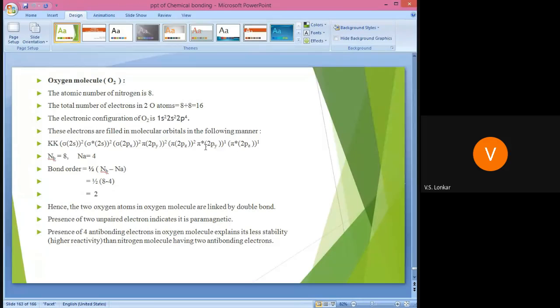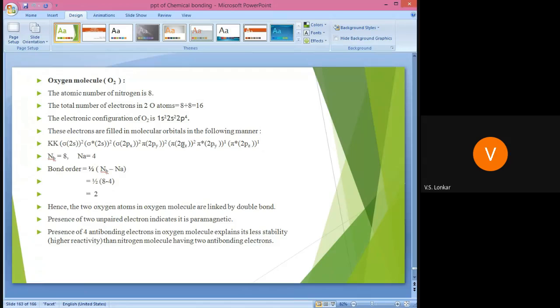Therefore the electrons are added according to Hund's rule. That means the first electron is added singly in both antibonding orbitals and then pairing takes place. We don't write two electrons as pi star 2py2. The electrons are added in both antibonding orbitals singly and then pairing takes place.